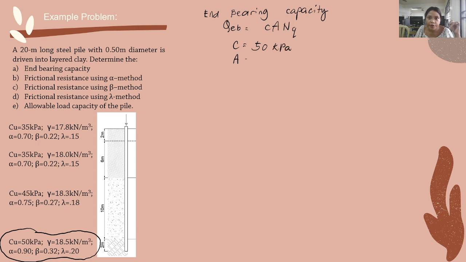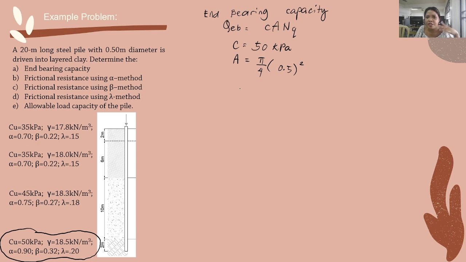The area of your pile tip is given by the 0.5 meter diameter. To get the area of a circle, you simply multiply pi over 4 by d squared, which is the same as pi r squared.